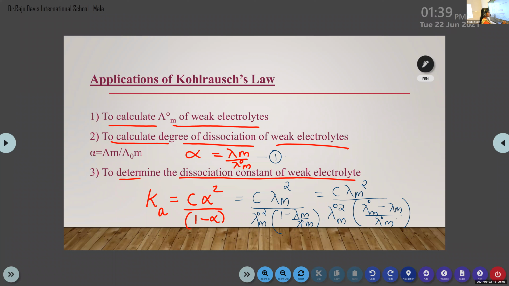This lambda 0 m and its square can be cancelled. Then the equation becomes C into lambda m square divided by lambda 0 m into lambda 0 m minus lambda m.